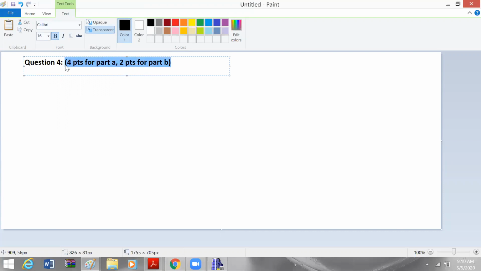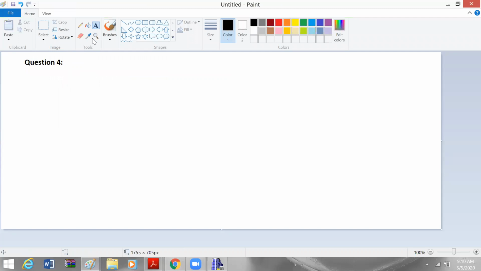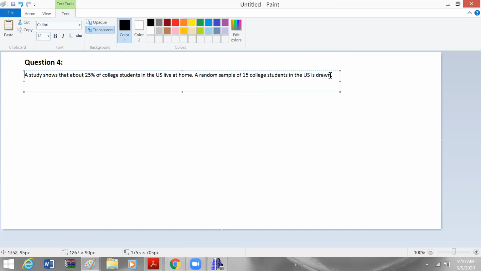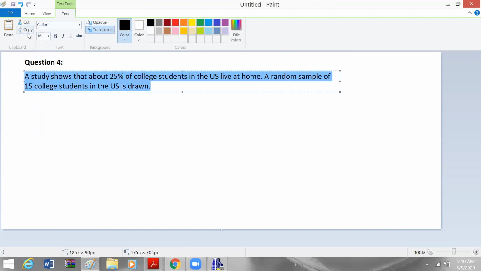Very likely the type of question that you're going to see for question number 4 will be pretty much like that. You will be given a binomial. A random sample of 15 college students in the US is drawn, right?